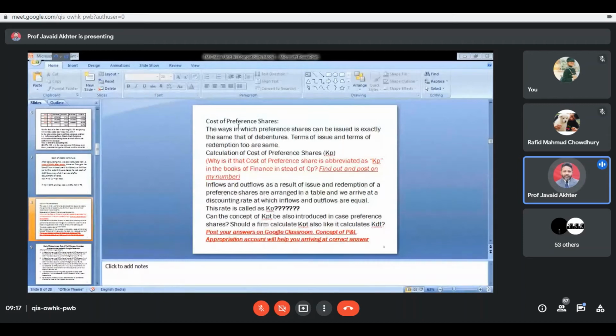So if a problem is given to you to find the cost of preference shares using some data, you can apply exactly the same method of calculation which you applied in the calculation of cost of debt. Because for a computer, you write interest or you write dividend, it makes no difference. But it will have many implications when we go beyond calculations.